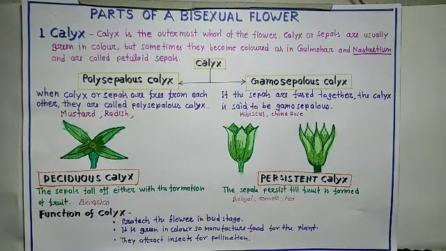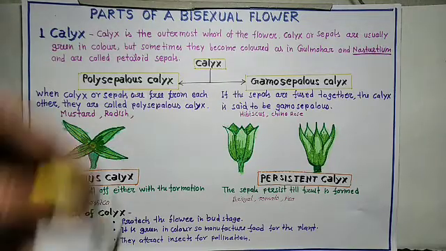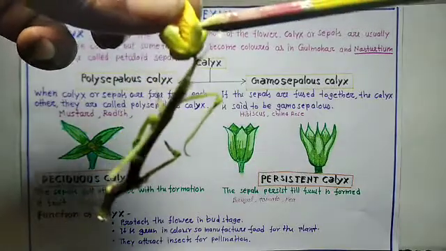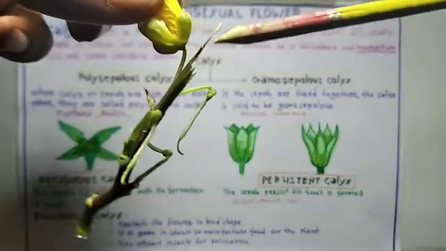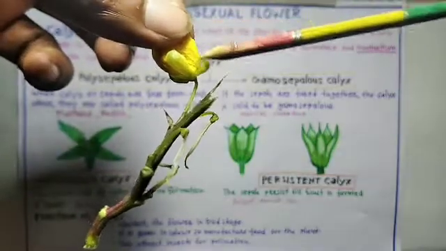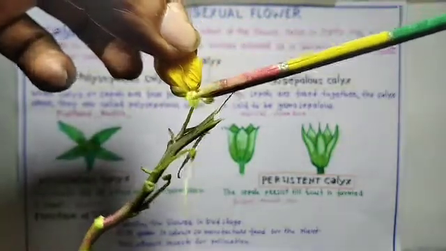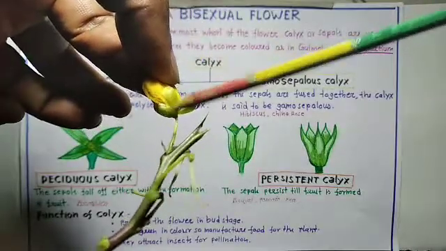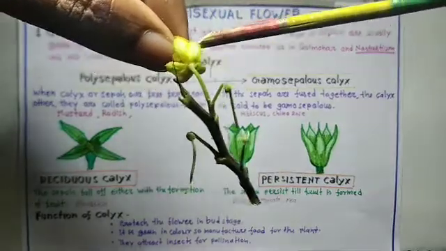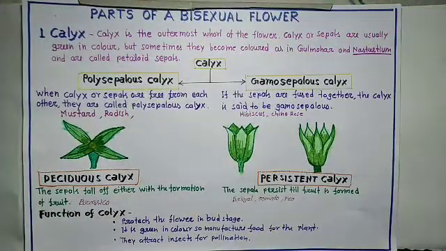In another plant you can see this is a calyx, this is a corolla. All these sepals are free from each other, so this type of calyx is known as polysepalous calyx.